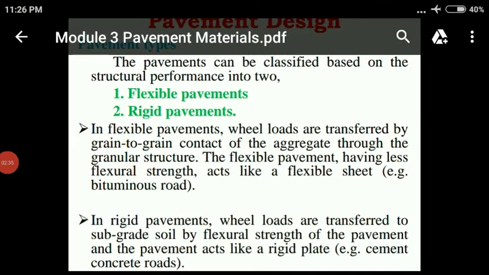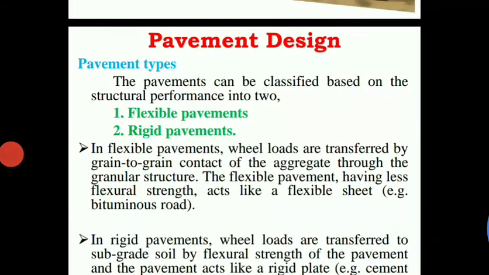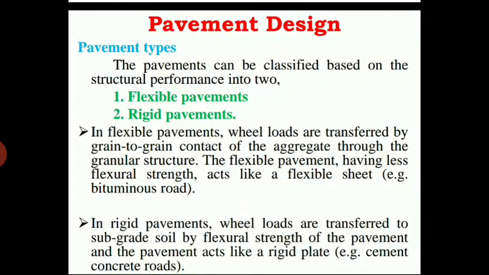So in flexible pavements, the wheel loads are transferred by grain to grain contact of the aggregate through the granular structure. Here the flexible pavement has less flexural strength but acts as a flexible sheet made up of the bituminous road.